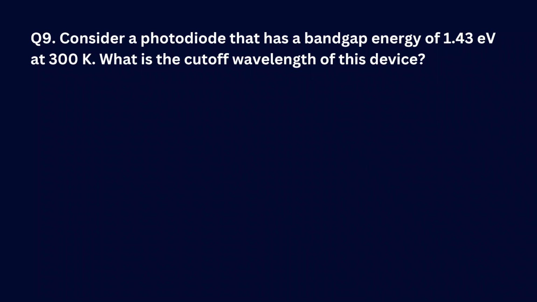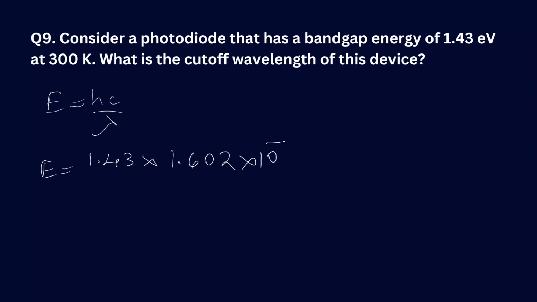So we'll start with E equal to hc by lambda. That's the equation, and we have h equal to 6.626 times 10 to the power minus 34. First we have to convert the energy: 1.43 electron volt times 1.609 times 10 to the power minus 19.